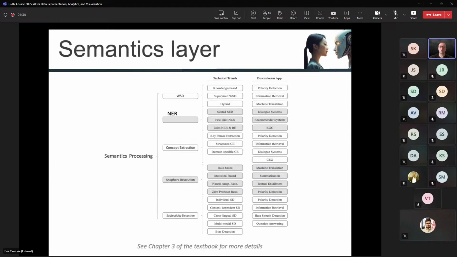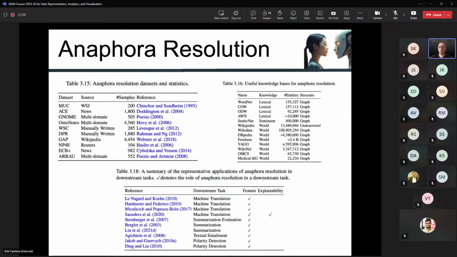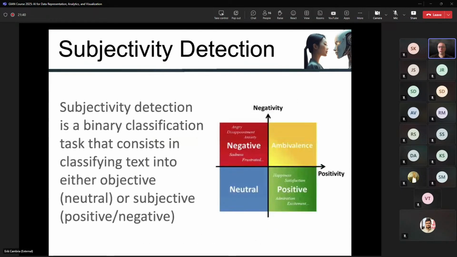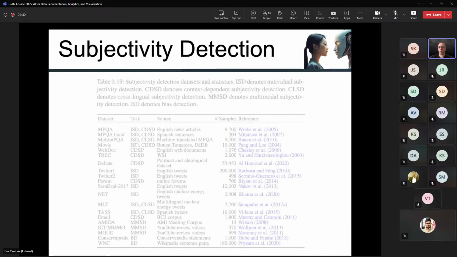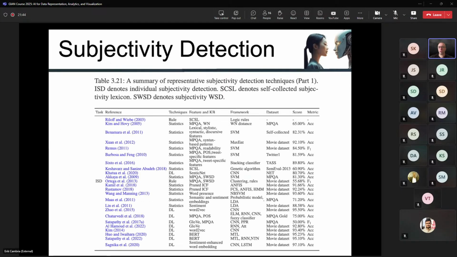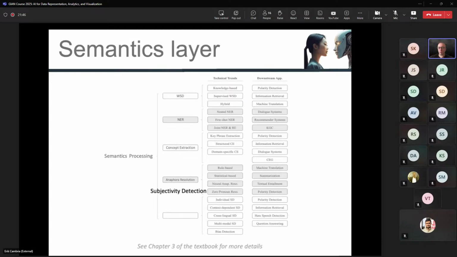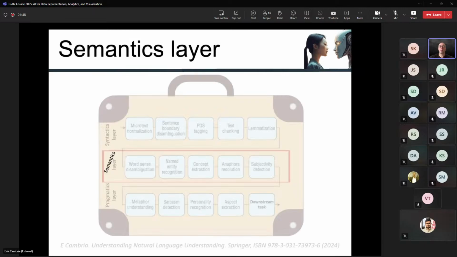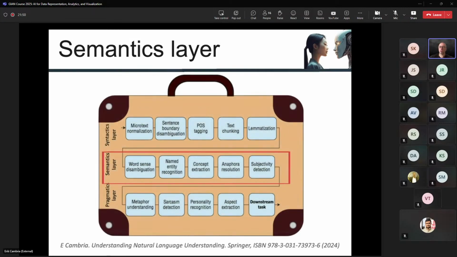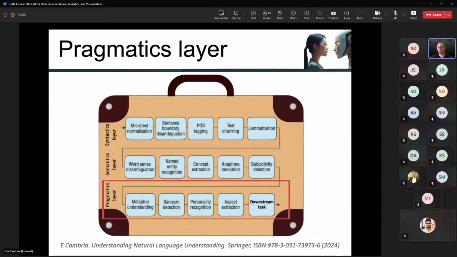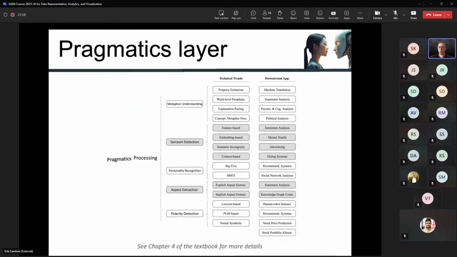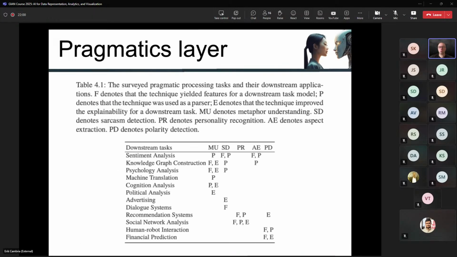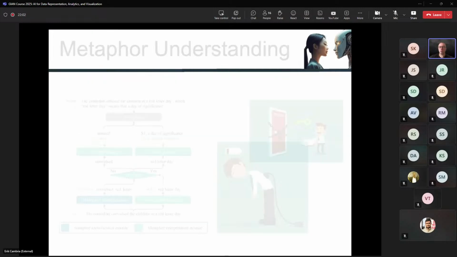And finally, we also talked about the pragmatics layer, which is maybe the most interesting one, where you're looking at more complex algorithms and techniques for metaphor understanding, personality recognition, and sarcasm detection, not just from text but also from different modalities. And finally, also aspect extraction that, as we discussed, is very important in the context of sentiment analysis.